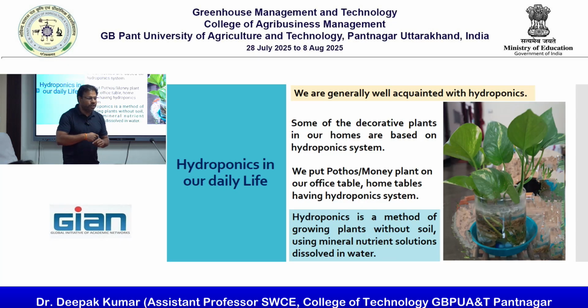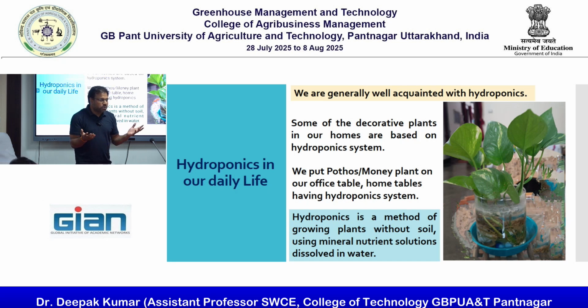We cannot grow a neem tree in hydroponics because its height may be 6 or 7 meters. That structural support cannot be provided by the hydroponic system. So hydroponic systems are basically for those plants or crops whose height is less than 1 or 2 meters, not more than that.